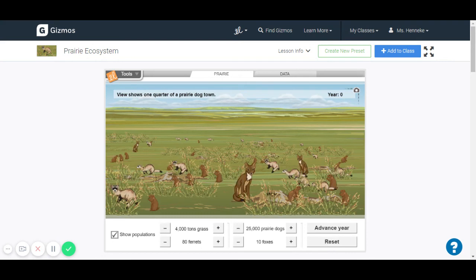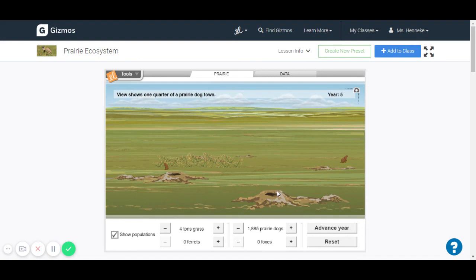Now, what would happen if, say, a disease occurred and it only affected ferrets, and it killed out all of the ferrets? What is going to happen to our ecosystem now? Let's see.